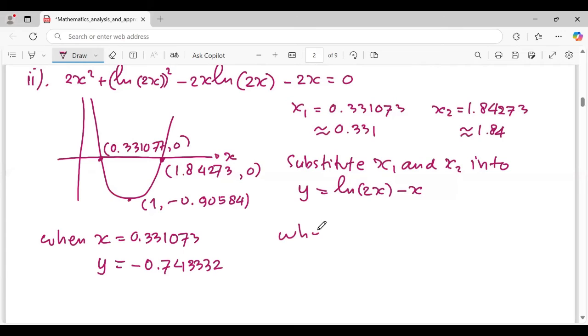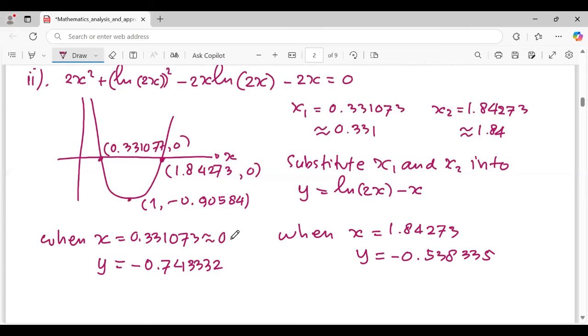When x equals 1.84273, substituting into this equation, y equals minus 0.538335.